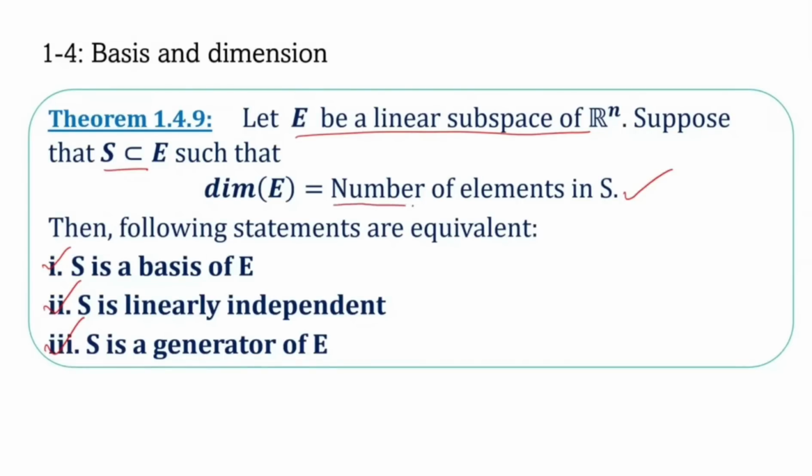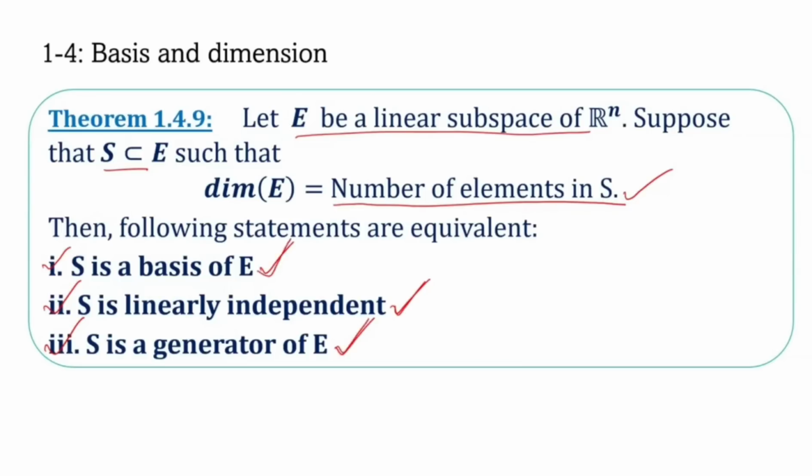And if you take any set S containing 5 elements, then automatically S is a basis of E. It implies that it is linearly independent and it is a generator of E. Or in other words, if you are able to prove S is linearly independent, then it will automatically be a generator.